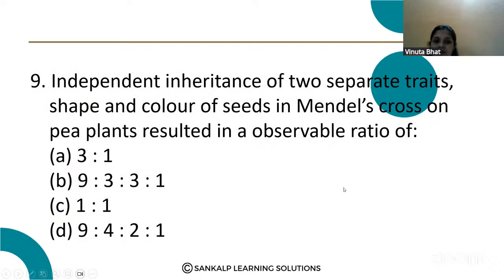Next question. Independent inheritance of two separate traits, shape and color of seeds in Mendel's cross on pea plants, resulted in an observable ratio of 3 is to 1, 9 is to 3 is to 3 is to 1, 1 is to 1, or 9 is to 4 is to 2 is to 1.